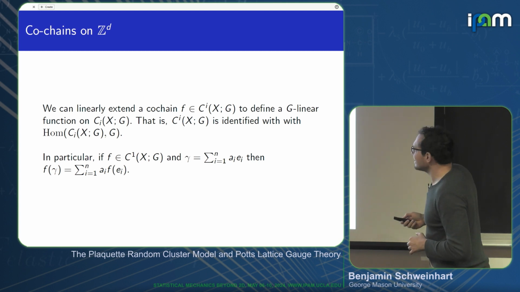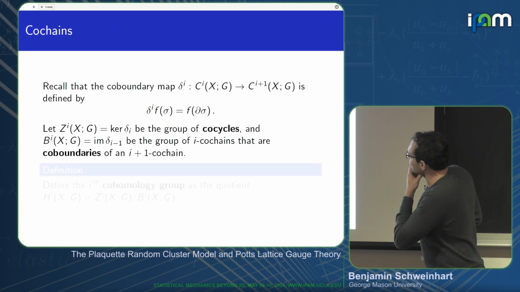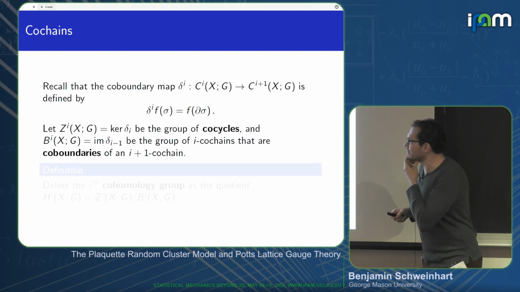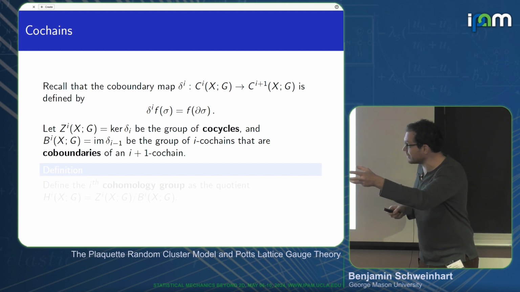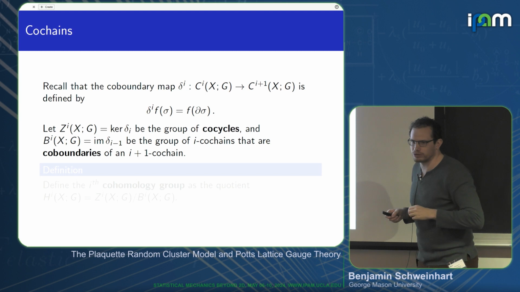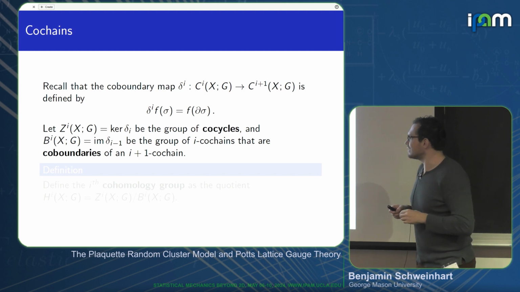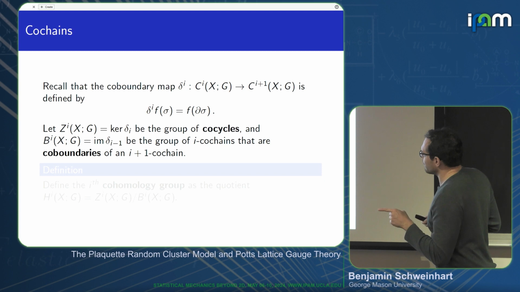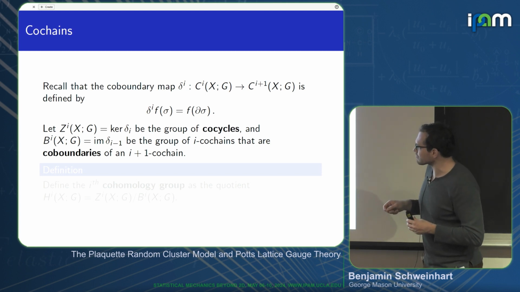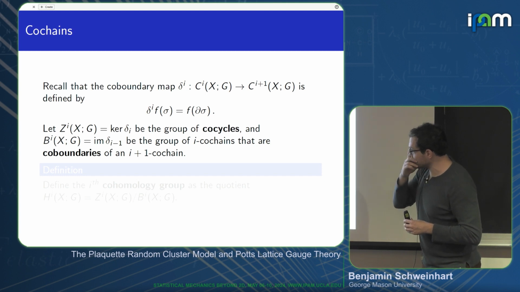Okay, so we already defined the coboundary map. You take an i-cochain, you can spin that up into an (i+1)-cochain by evaluating it on the boundary of a chain. And as before, we have the group of cocycles, which is the kernel of our coboundary, and our group of coboundaries, which are the image of an (i-1)-cochain.